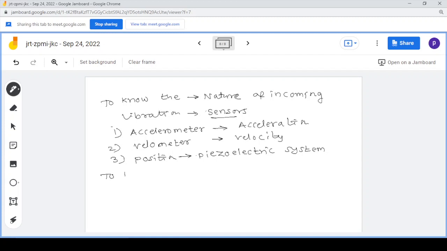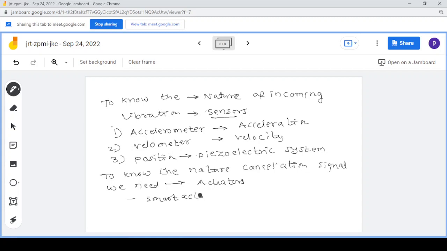So to know the nature of the cancellation signal, what do we need? We need actuators. Now what are the different actuators we can use? The first actuator we can use is called smart actuators. As the word indicates, smart, these are based on smart materials.